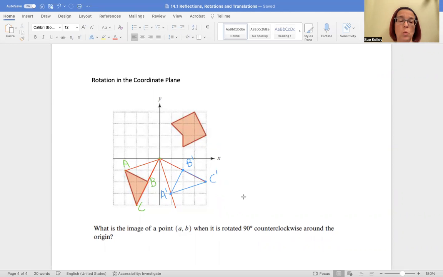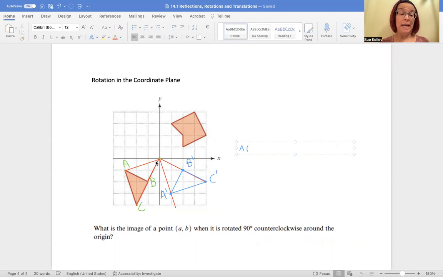All right, so now these rotations are kind of tricky. I think this is the trickiest transformation, at least for me. So knowing the coordinates, like we did with the other ones, let's see if we can see a pattern here that might help you with your rotation.